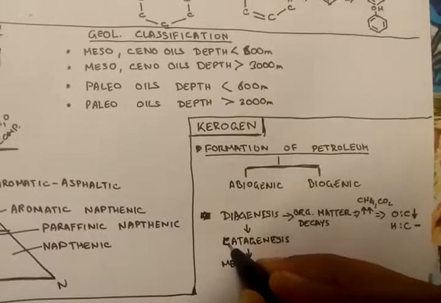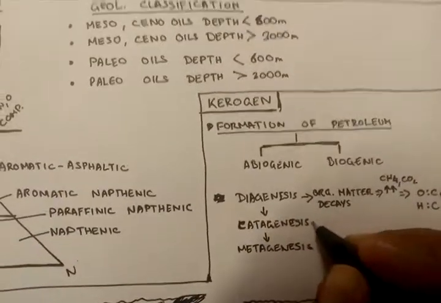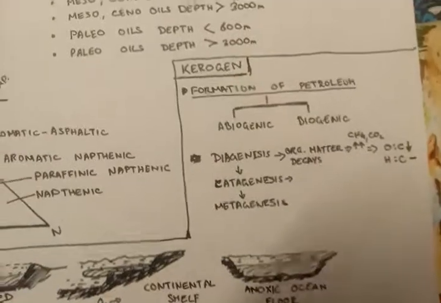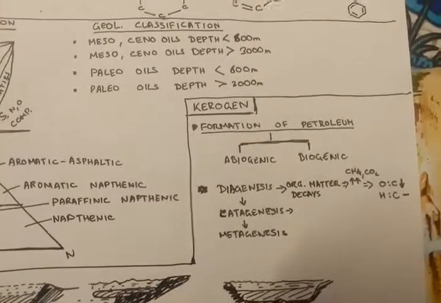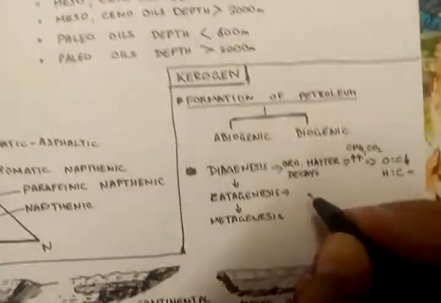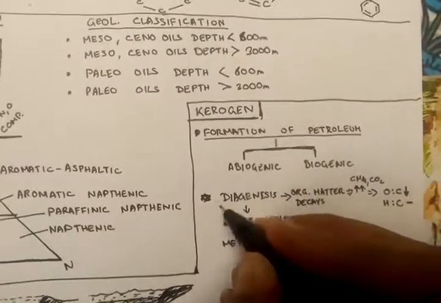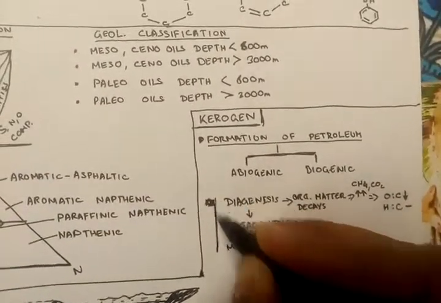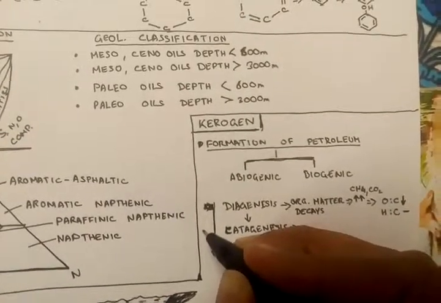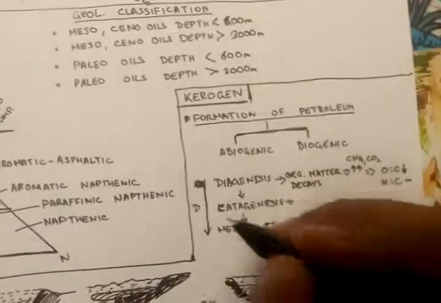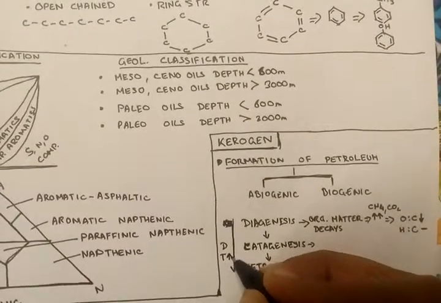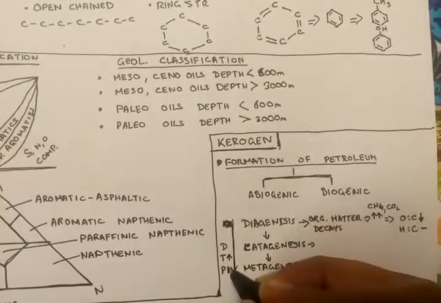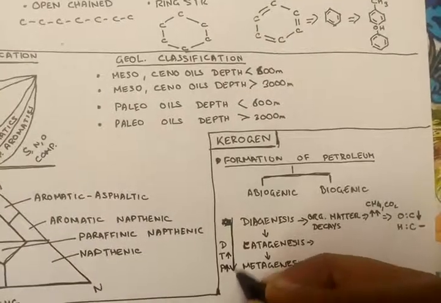The next process is catagenesis. So during catagenesis, what happens? The kerogen that has formed, depth increases, temperature increases, pressure increases along these.